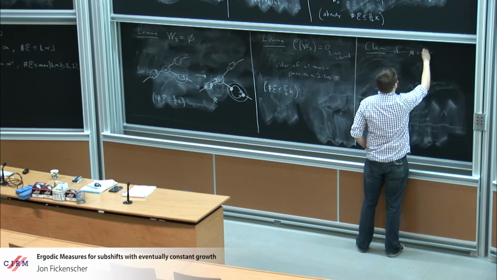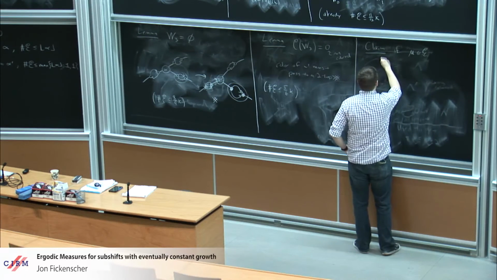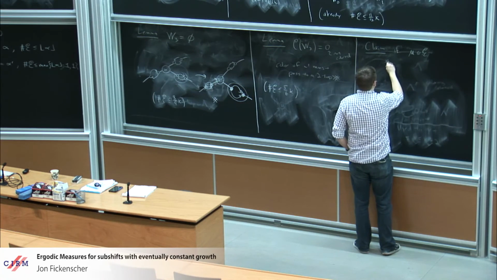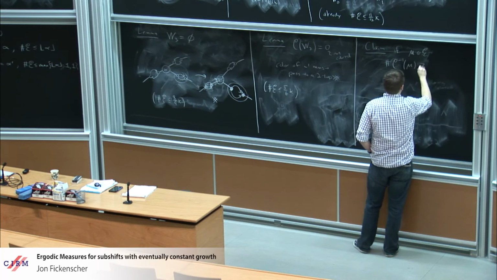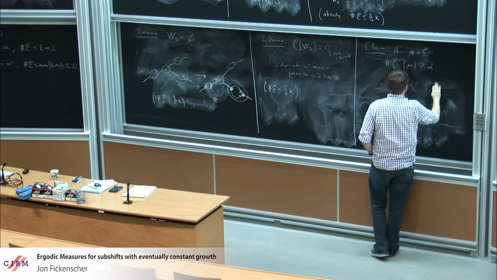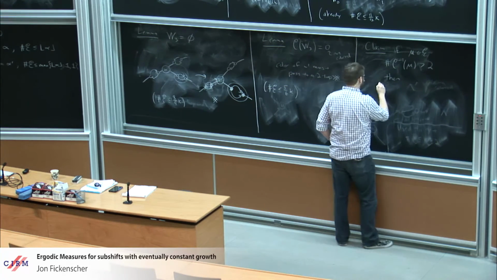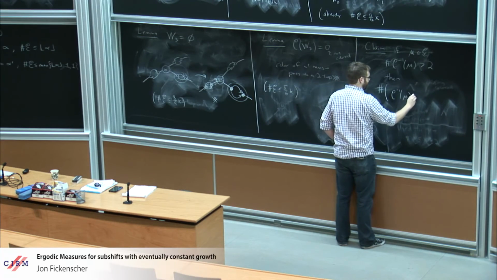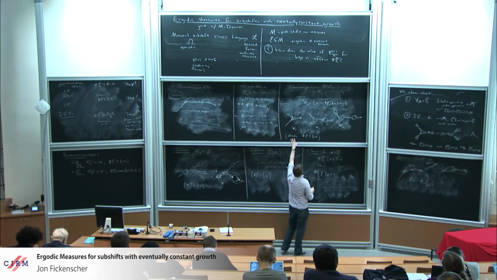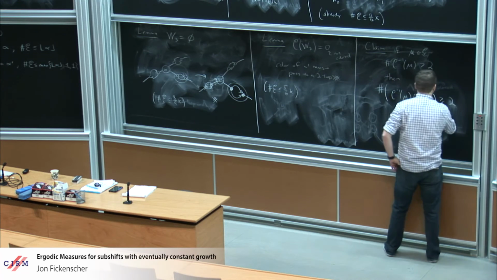So if we have a color that colors more than 2 things, that's all we're saying, then the elements that are colored by that color intersected with this set, things that do not touch loops, must contain at least 2 elements.